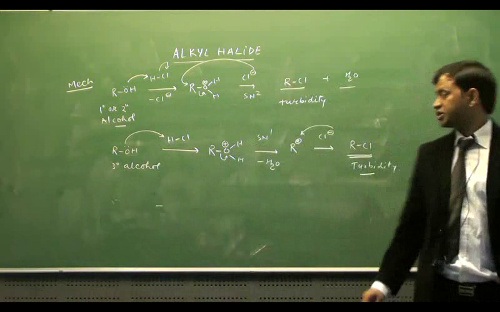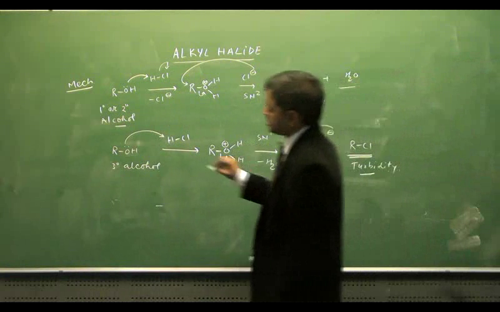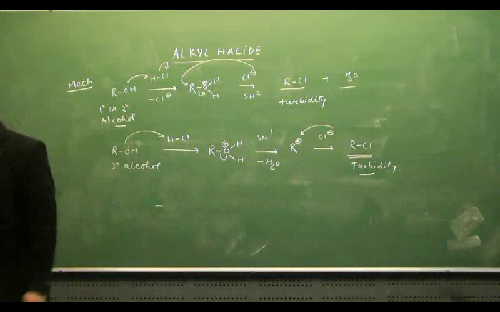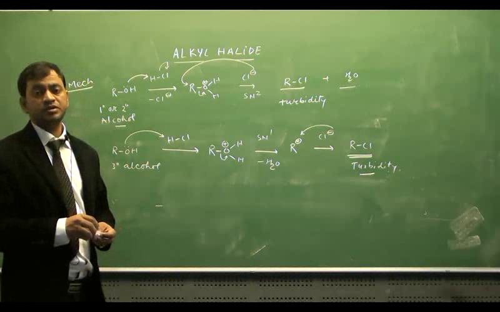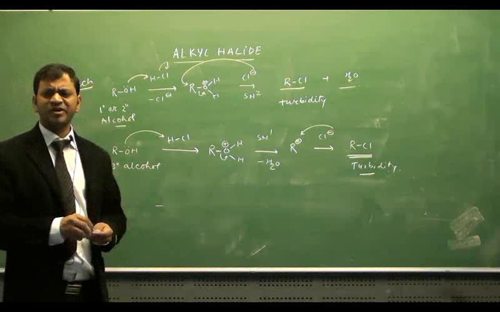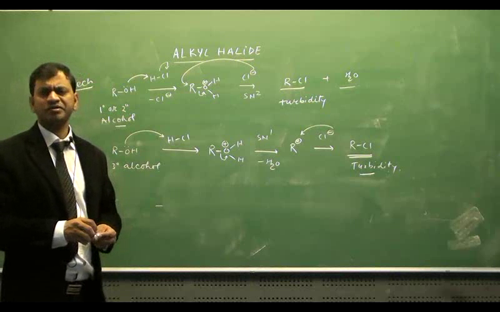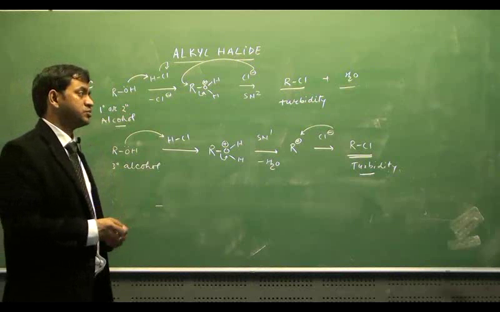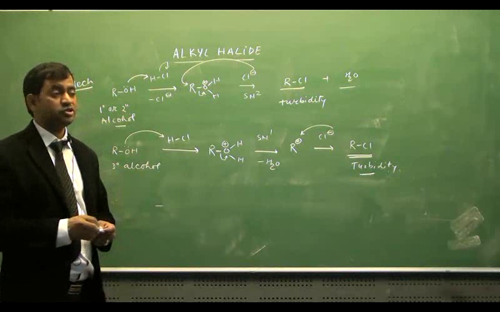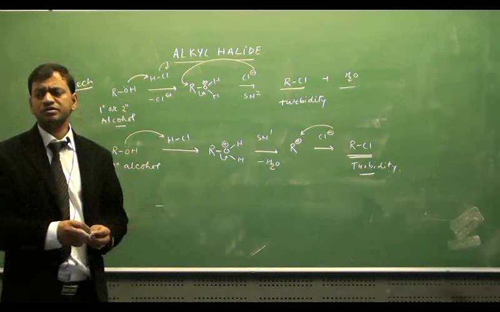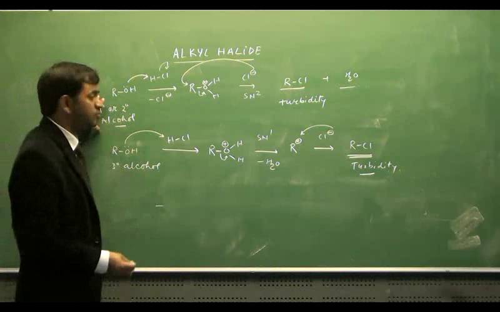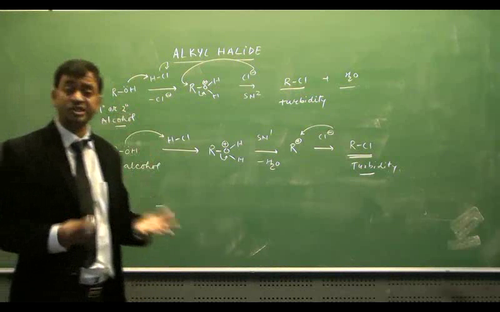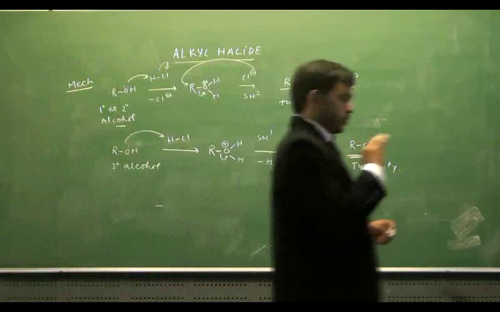This reaction gives immediate turbidity, but in case of 2 degree it takes 5 minutes, and with 1 degree approximately 5 days. 1 degree also can give the turbidity on heating. If there is no turbidity, then heat the reaction mixture; it gives the turbidity after a long time or on heating.